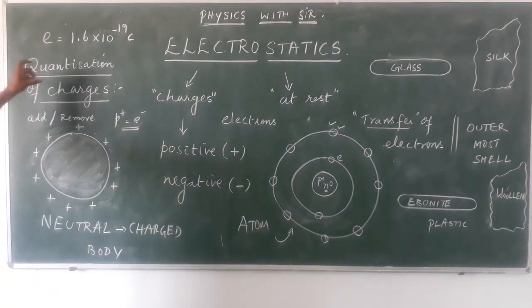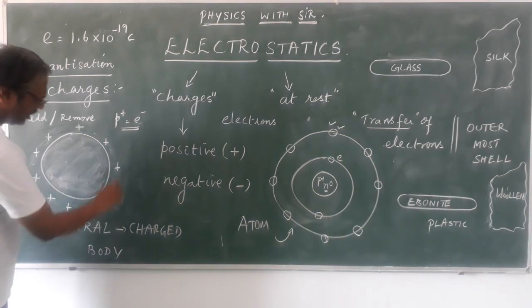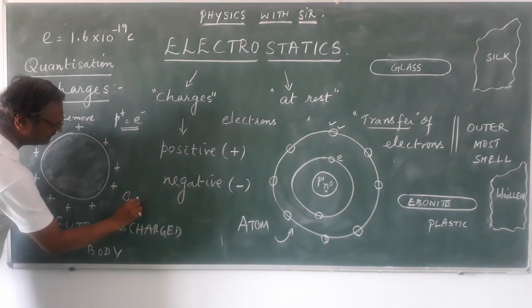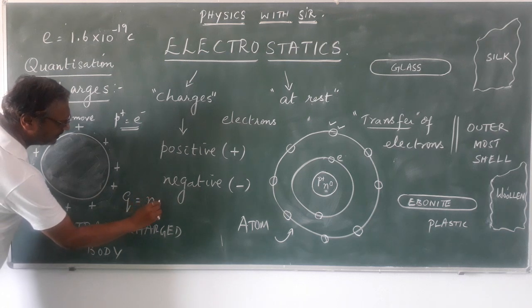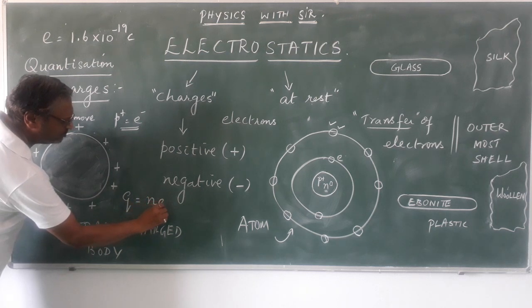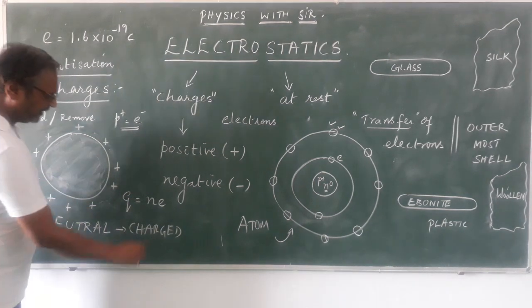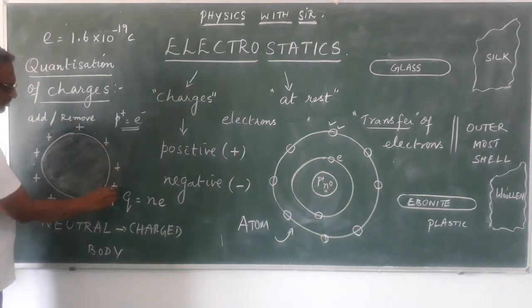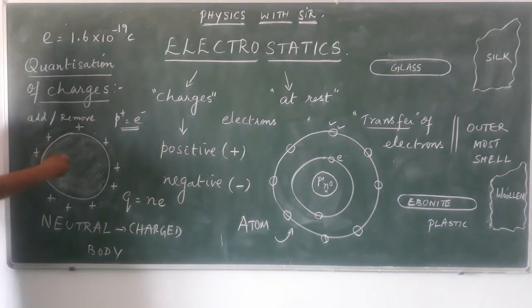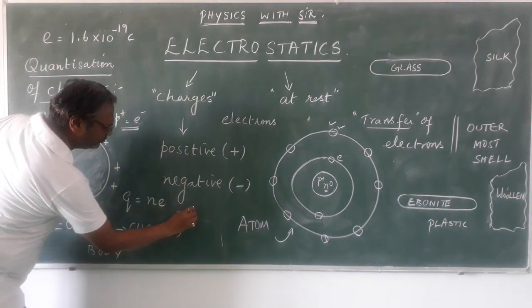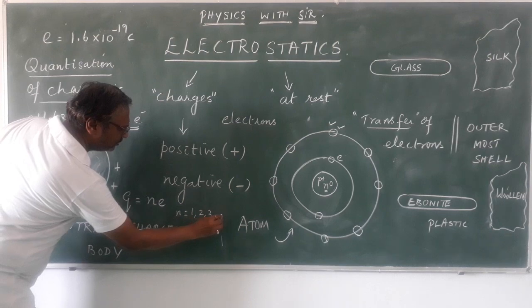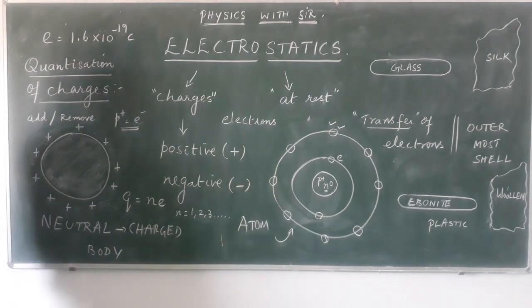So what is the quantization of charge about? It says that the charge on any body is equal to the integral multiple of electronic charge. The integral multiple n can be 1, 2, 3, 4, any number.